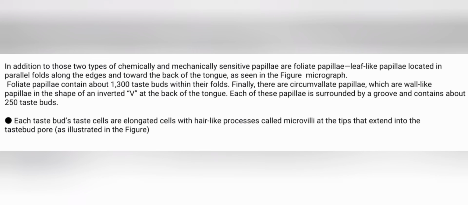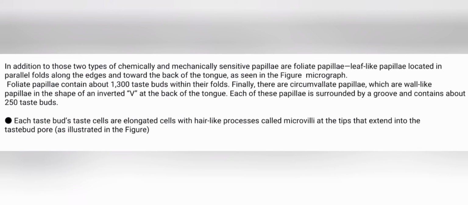Foliate papillae contain about 1,300 taste buds within their folds. Finally, there are circumvallate papillae, which are wall-like papillae in the shape of an inverted V at the back of the tongue. Each of these papillae is surrounded by a groove and contains about 250 taste buds.